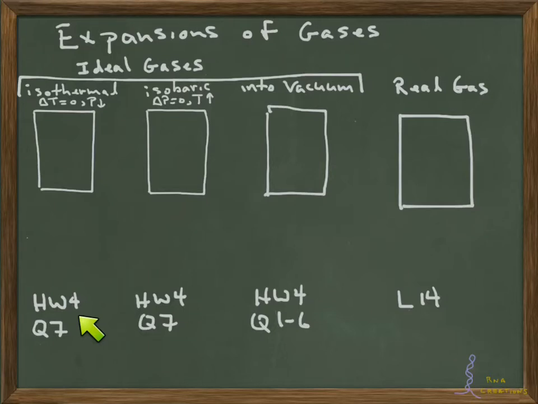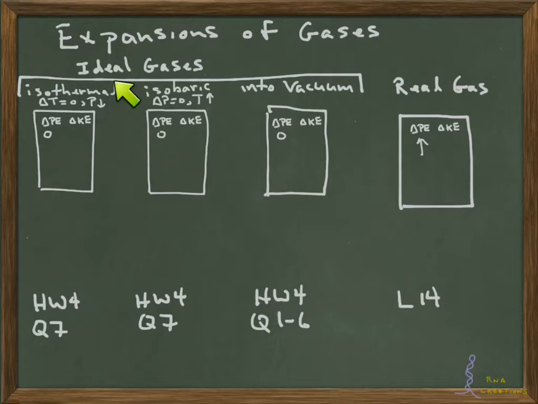The first 3 were in homework 4. The isothermal and isobaric expansions were in question 7, and the expansion into a vacuum was in questions 1 through 6. The expansion of the real gas was covered in lecture 14. We can start out by considering what happens to delta PE and delta KE for each of the 4 situations.